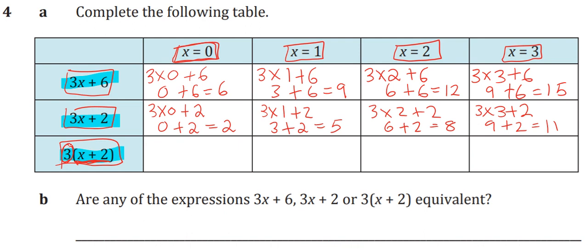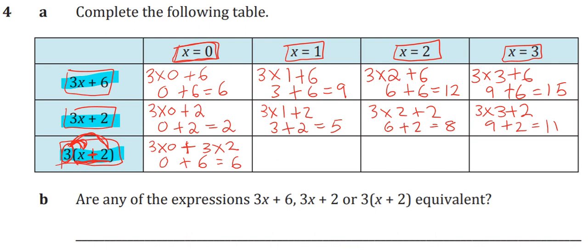So we need to do 3 times 0, plus, and then it's 3 times 2. So that would be 0 plus 6 equals 6.